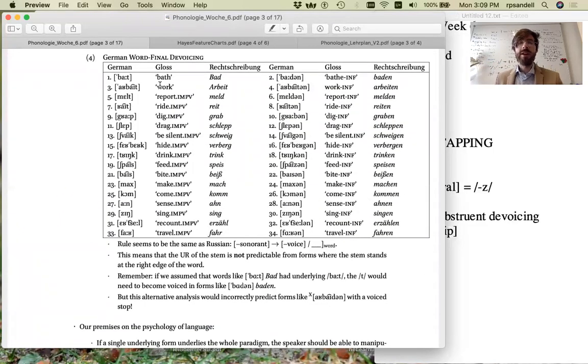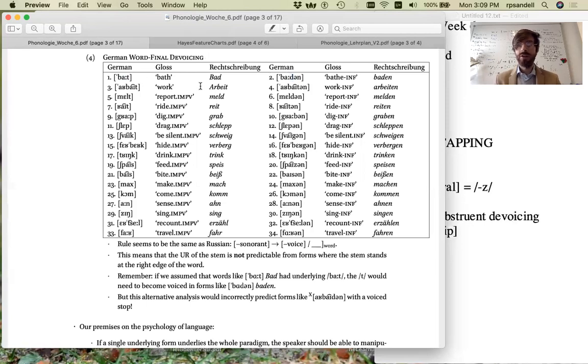If we look at this data and compare morphologically related forms like the noun bad with the verbal infinitive baden, there we see an alternation in the form of a stop at the edge of a stem. The noun here looks sort of like an isolation form for this stem, and it has a voiceless ta. In the infinitive, where we find the suffix, there we see a voiced da.